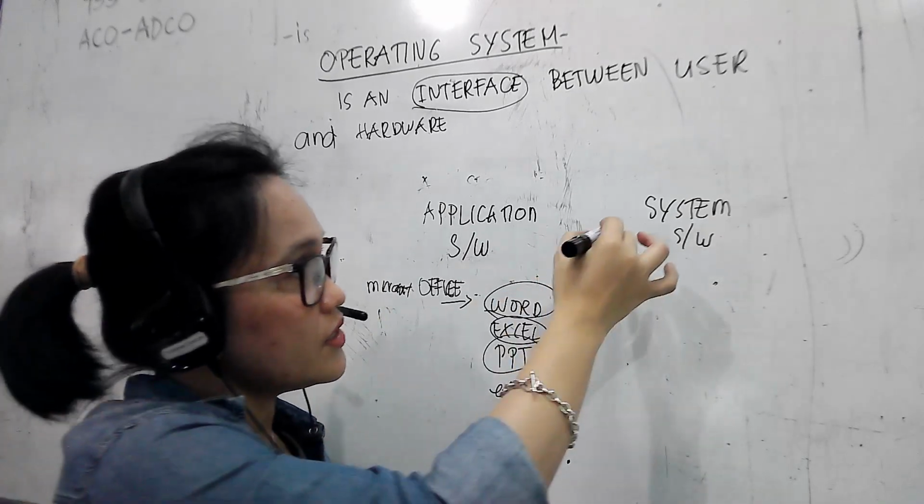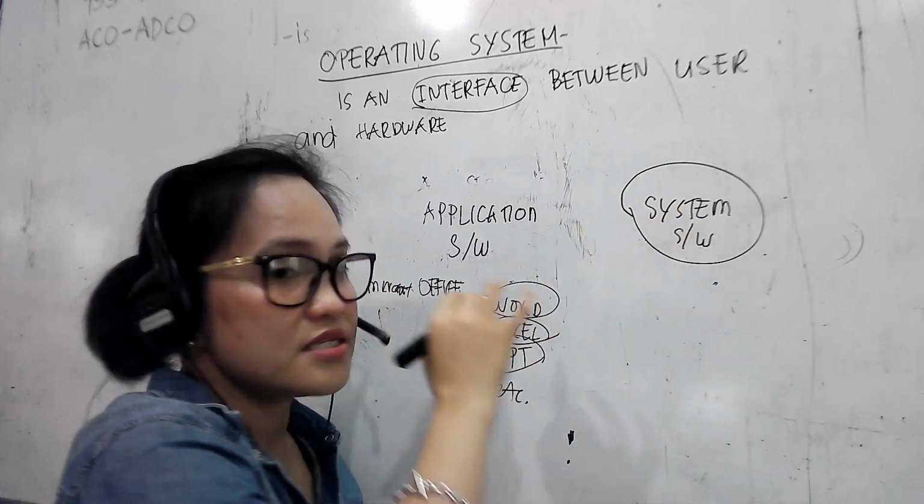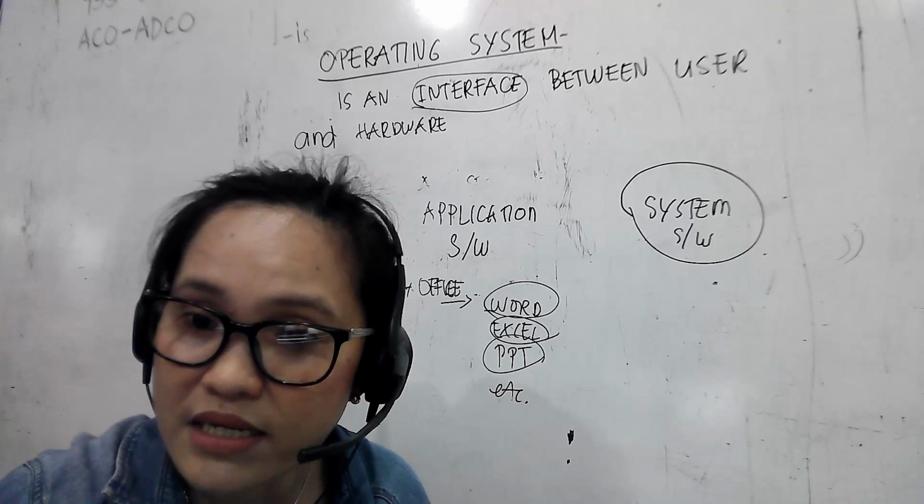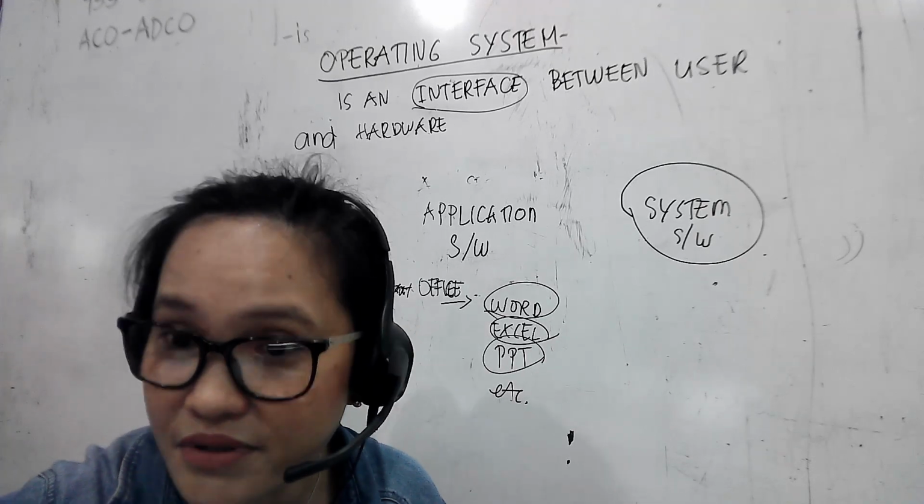Now, what is a system software? A system software operates the computer hardware.